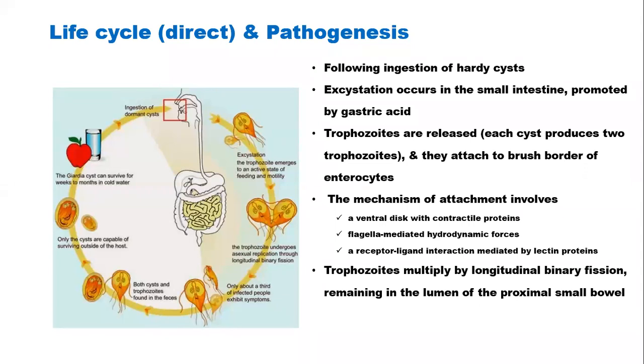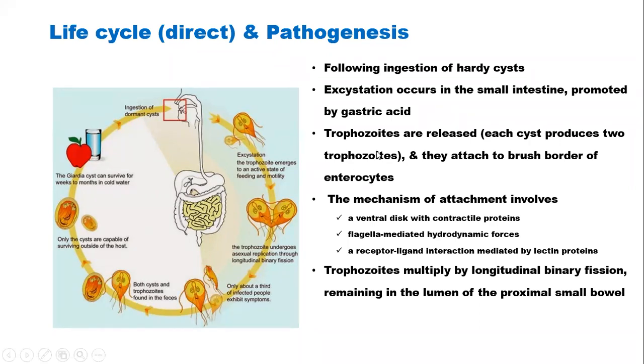Now, infection occurs when a susceptible host ingests the cyst. The cysts are described as hardy because they have a covering that is resistant to environmental conditions. So it's resistant to drying, it's resistant to temperature. So the organism can persist in the environment for some months.